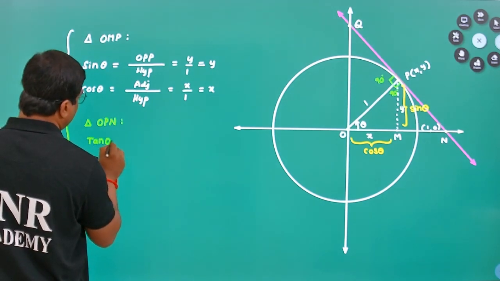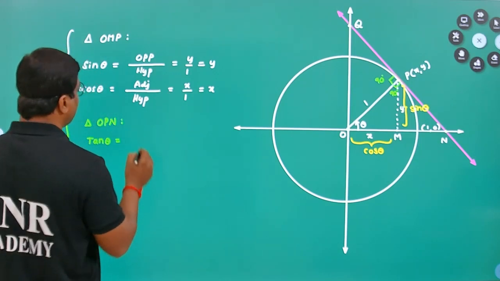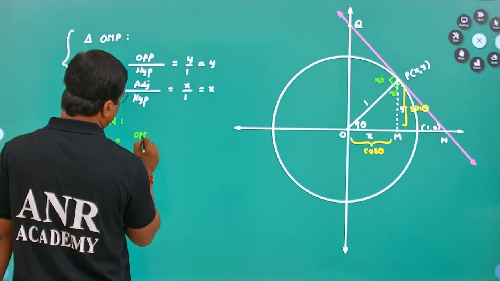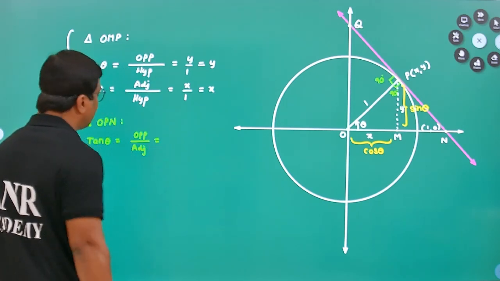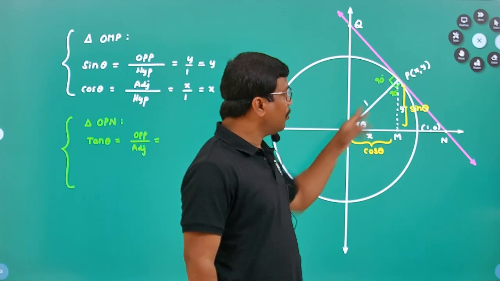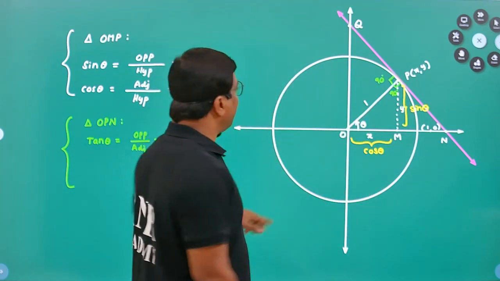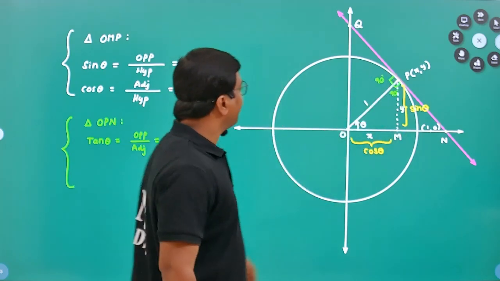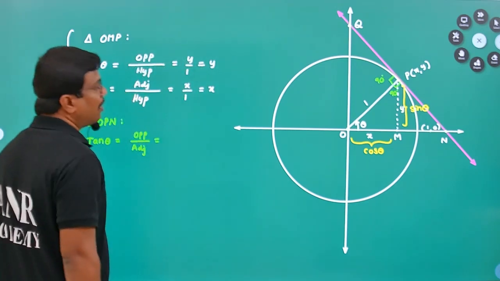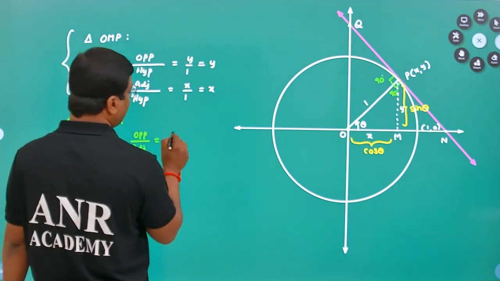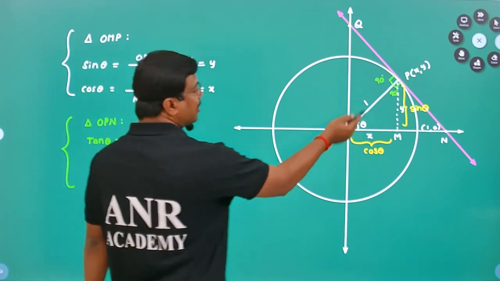From the triangle OPN, I am going to write tan theta. We know the definition of tan theta: the ratio of opposite and adjacent. Observe the triangle OPN. Clearly, opposite to theta you have PN, and adjacent to theta the value here is 1. So opposite PN divided by adjacent, which is clearly 1.